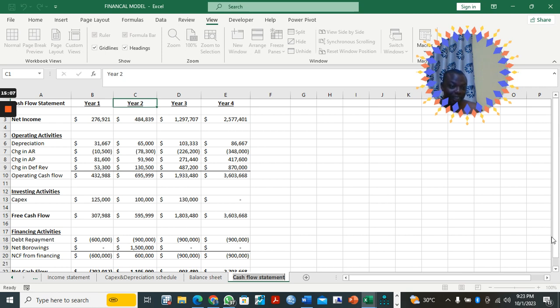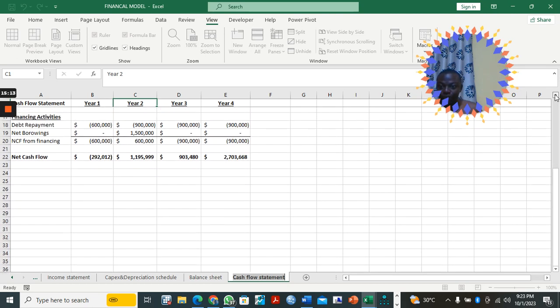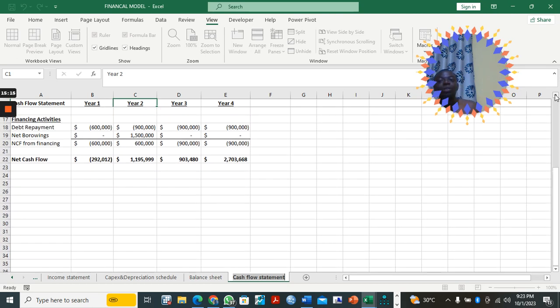So when we did that, we arrive at our net cash flow. The net cash flow is what you get when you add the income, your operation money, then you take out your investment, the money that is left, then you add it to the finances, the money you raise and you spend, and the payments you are making. When you get a positive value, it means the business has money.